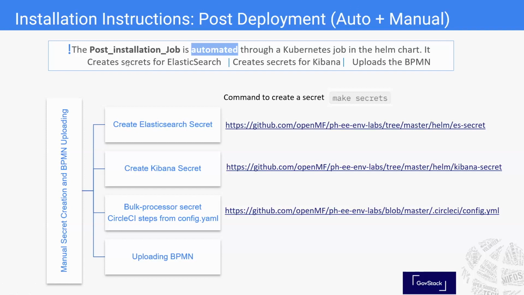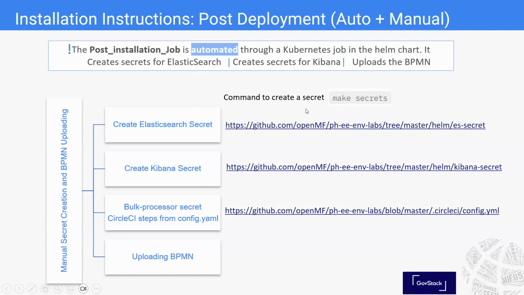What it does is create secrets for Elasticsearch, create secrets for Kibana, and upload the BPMN. Once the BPMN is uploaded, we'll also look briefly at how the BPMN could be configured themselves as well. So these are the things that happen once the deployment has occurred initially.